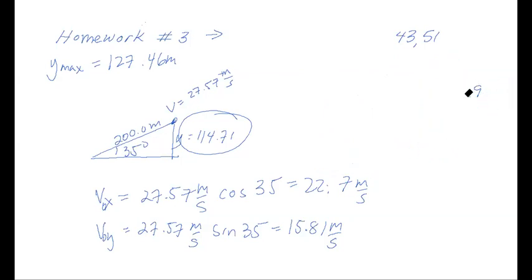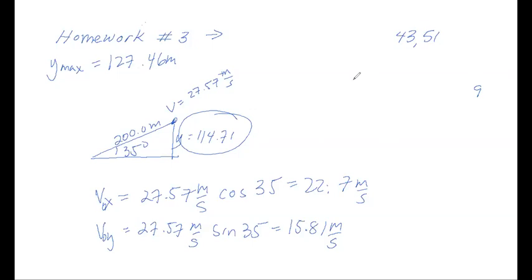I guess I'll use the quadratic formula. There's an easier way to do it. I'm going to use this value here, Y max, and just determine how long it takes something to fall from that value. There are many ways to solve this.